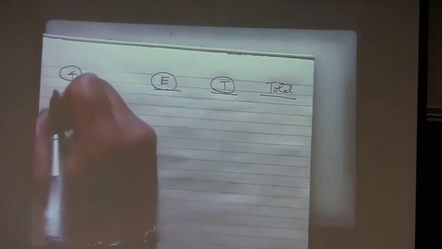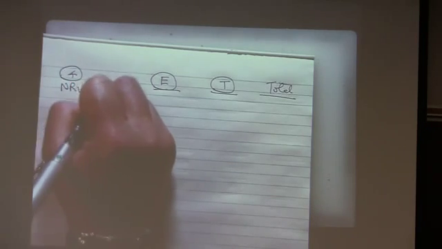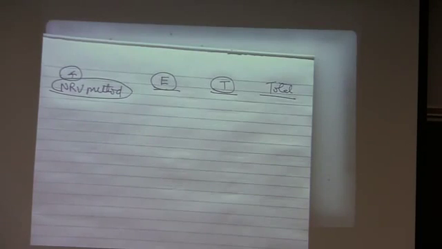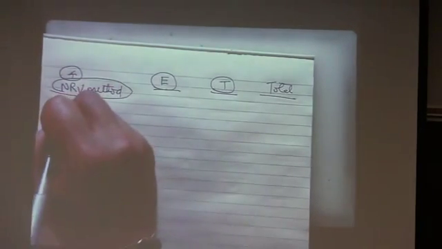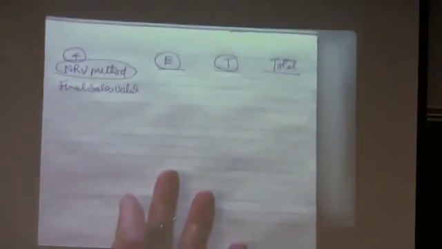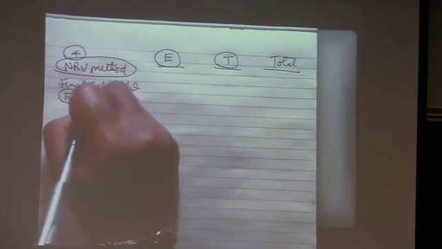So let's look at, again, we're going to use the NRV method. So the final sales value for ethanol is going to be 10,000. It's still 10,000 liters.